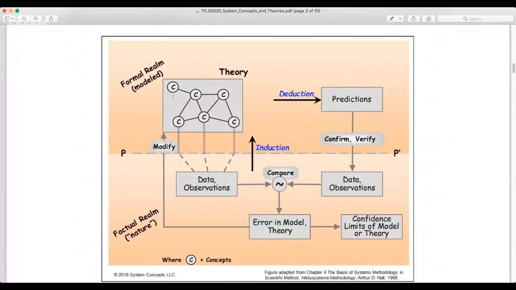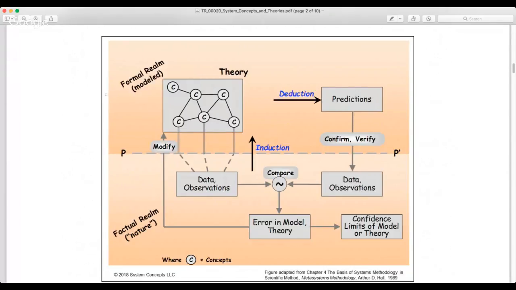Then we look at the implications of the predictions, observe, take more data, and confirm or verify that it's either true or not true. Compare and go again.